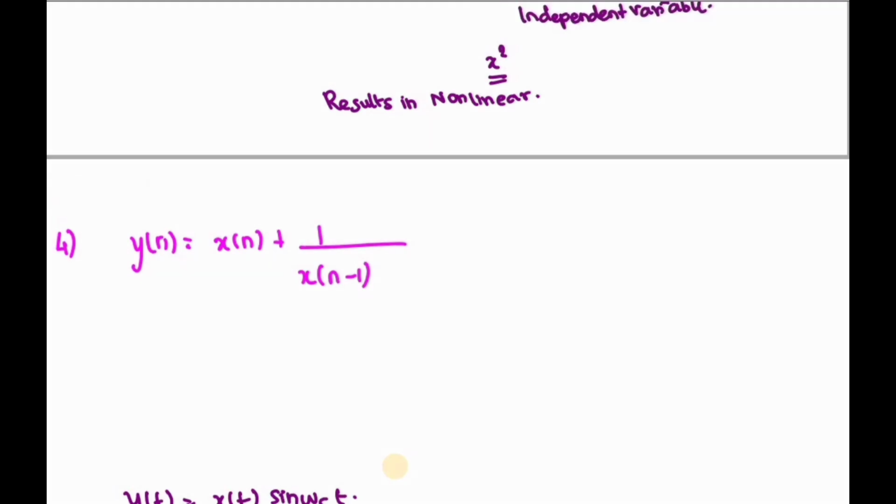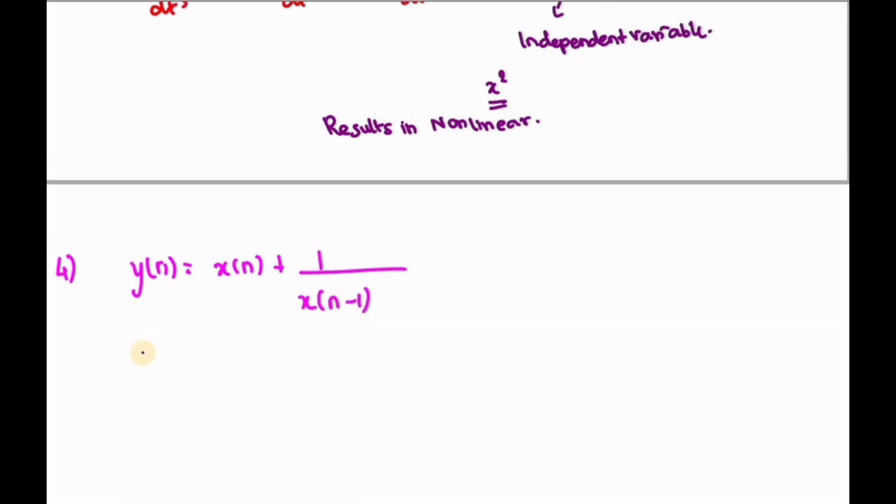So let us discuss the fourth problem, x of n minus 1. First we substitute y into x1 of n. So this becomes a into x1 of n is a into x1 of n minus 1.